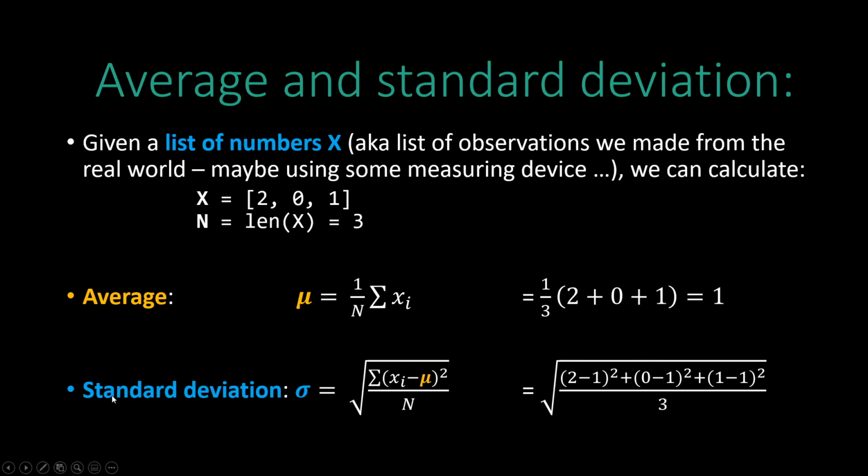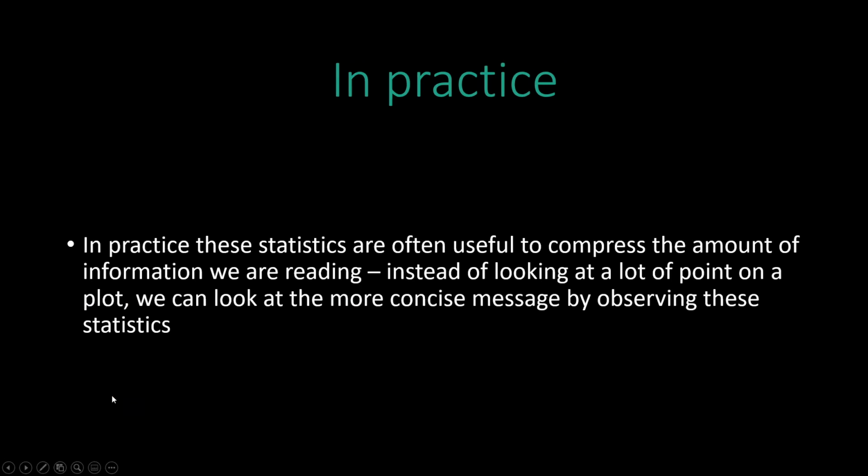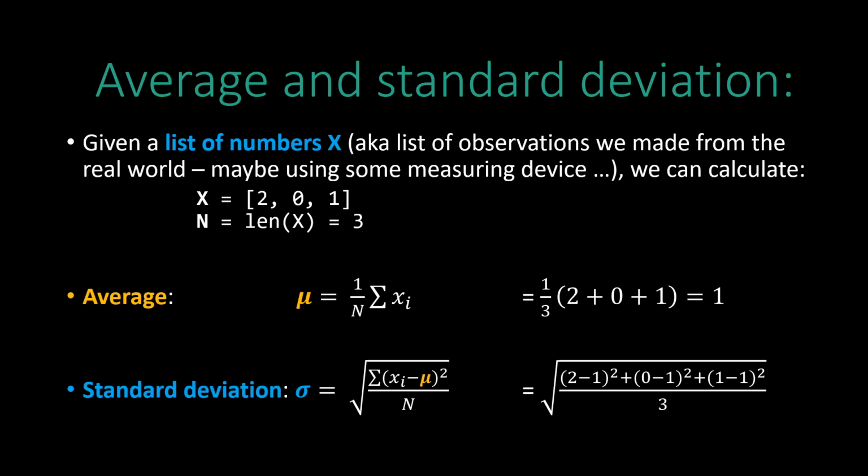So what does this mean? What standard deviation means is that while the average is the average sample, the number which is most probable, standard deviation is giving us information about the range in which most of the data will be.